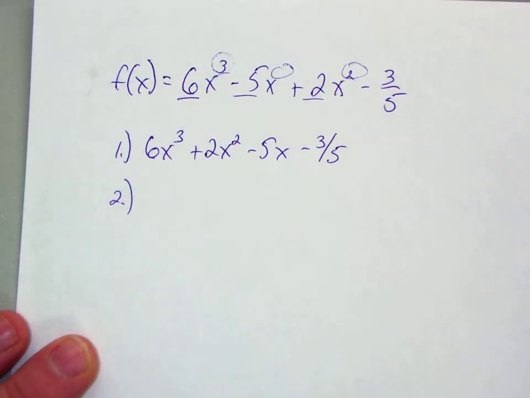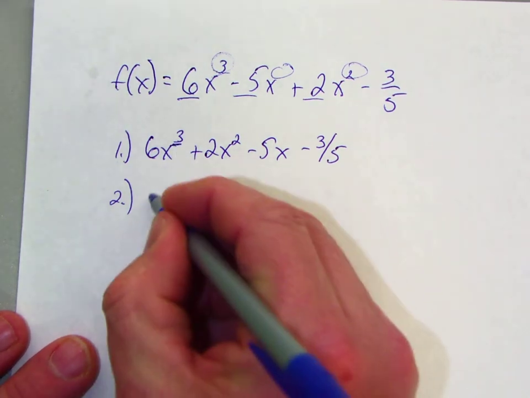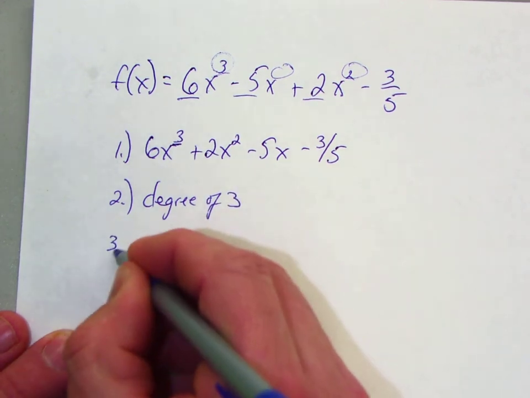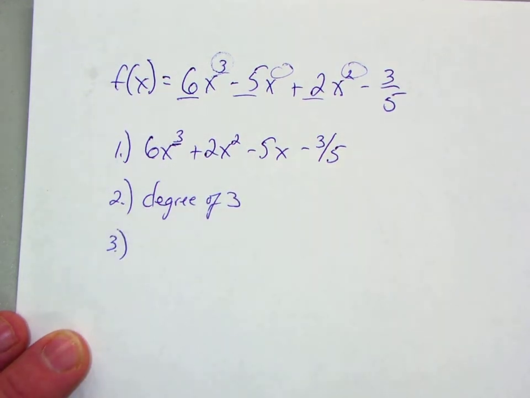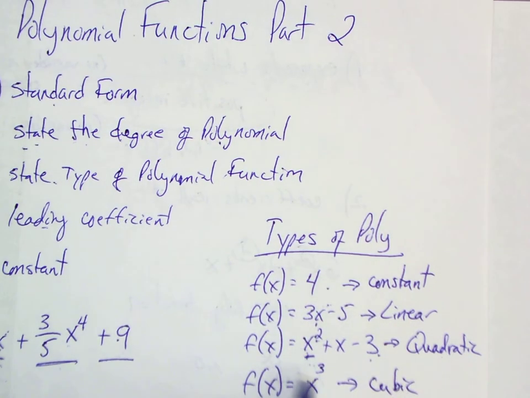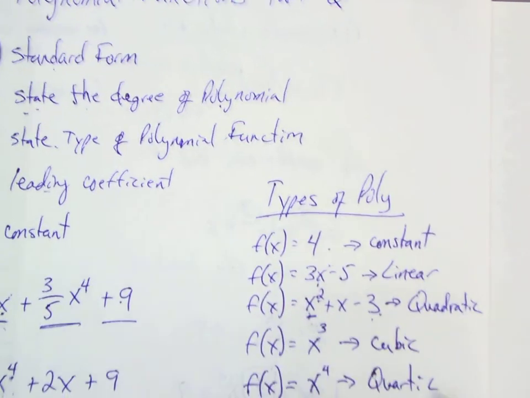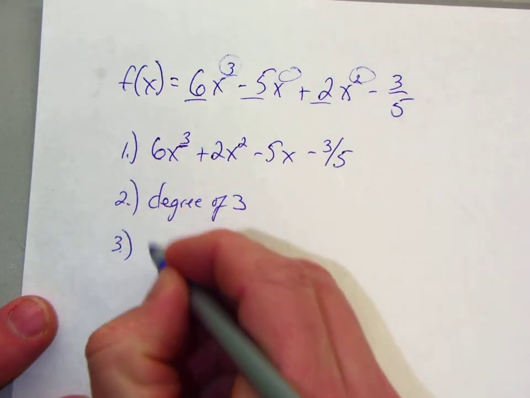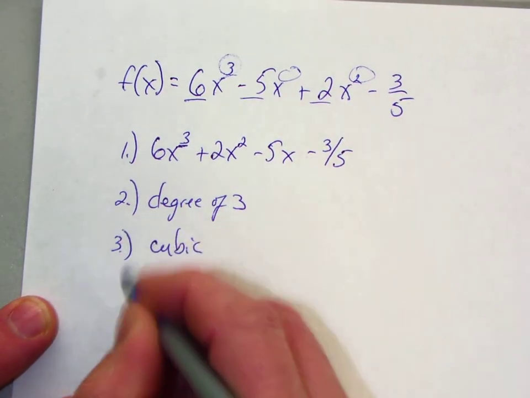Step 2 is state the degree. The largest exponent is 3, so this will be a degree of 3. Third step is what's the type? A degree of 3 is called a cubic. So this is a cubic function.